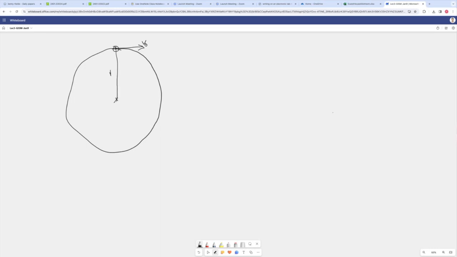This is the distance of the sun from the galactic center, and now we consider some sight line.